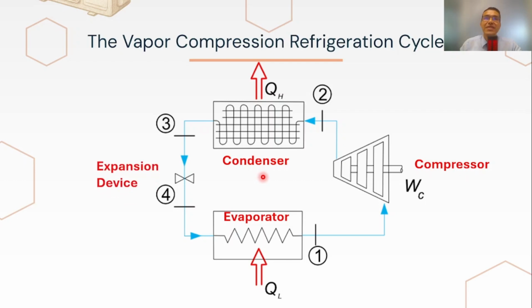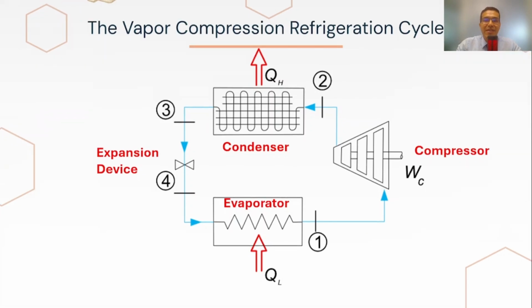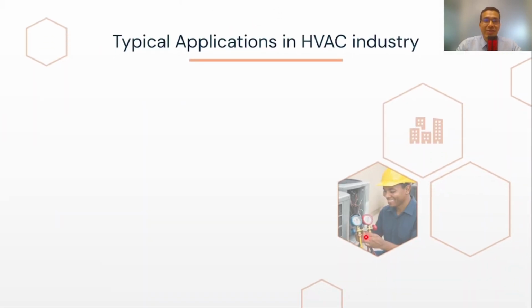Finally, the refrigerant passes through the expansion device, where its pressure and temperature drop suddenly. This prepares it to re-enter the evaporator and begin the cycle again. This simple yet powerful sequence of phase changes and energy transfers forms the core of most modern cooling technologies.